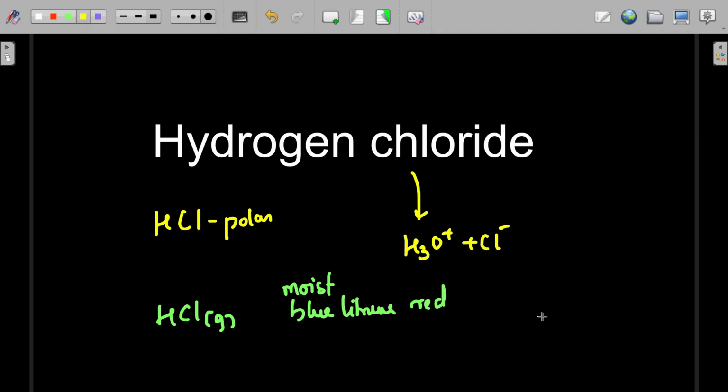But if you already have hydrochloric acid, meaning HCl dissolved in water, then if you dip a blue litmus paper into this solution, it will change the color to red. Therefore this word is important, that is moist. Whenever you're testing any gas and you're using litmus paper, you have to use the moist blue or red litmus, whatever it is.